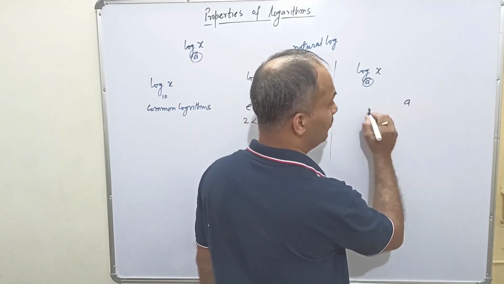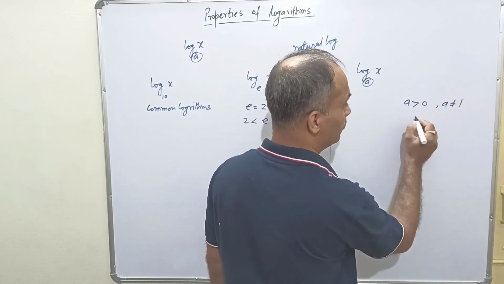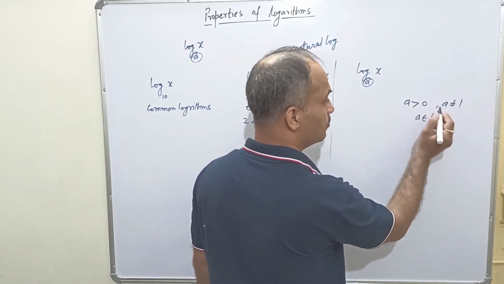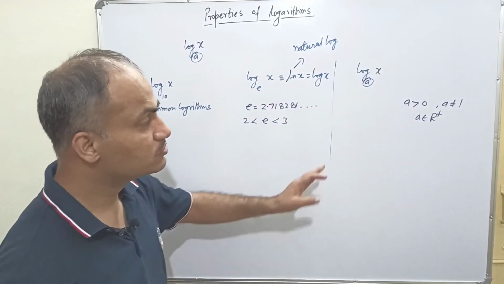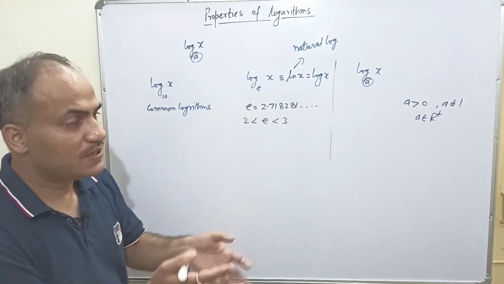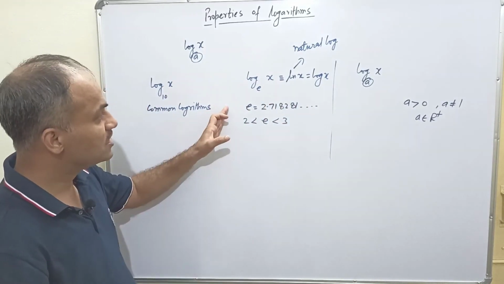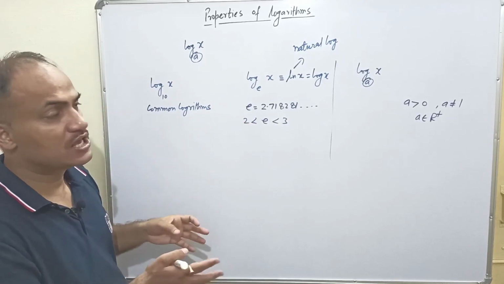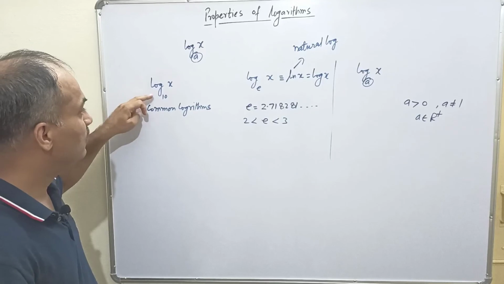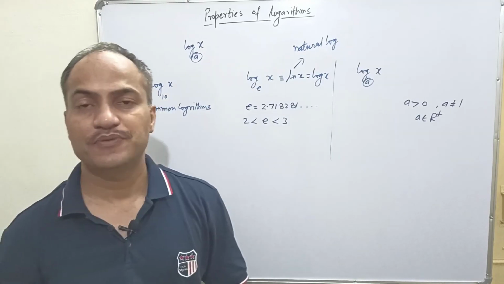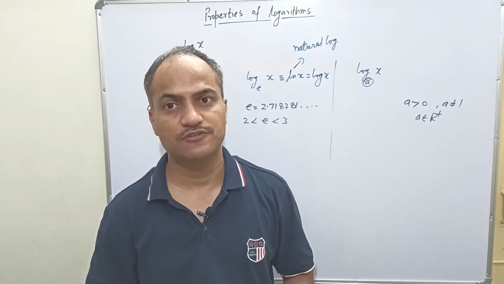We know the value of a can be greater than 0 and a is not equal to 1, which means a is any positive real number lying in this range. That can also be the base, but keeping the uses in mind, we mainly study 2 types of logarithms: log base e and log base 10. It is just a third possibility that the base of logarithms can be any other positive real number.